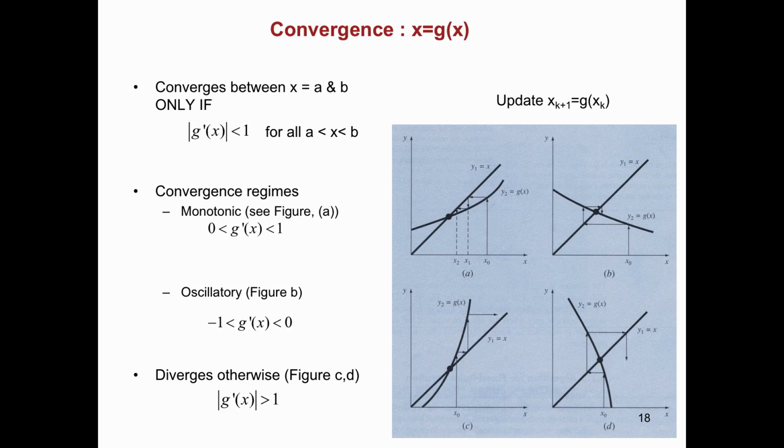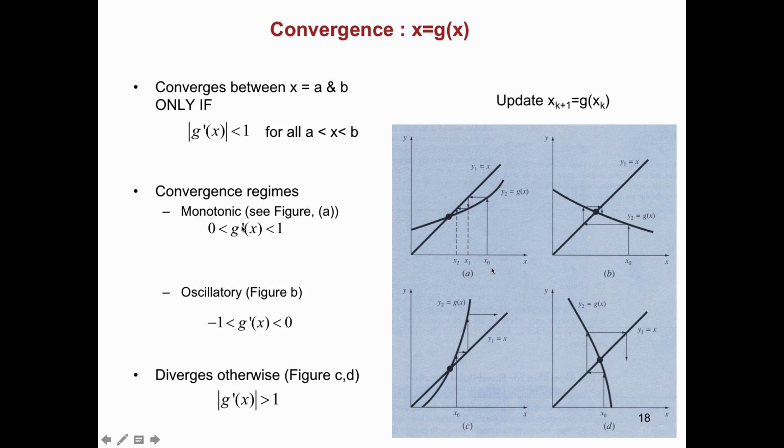If g of x has a slope that is not so gentle, okay, for instance here, this is my x0, this slope is not so gentle, so my g of x0 will send me right here, this is my x1.